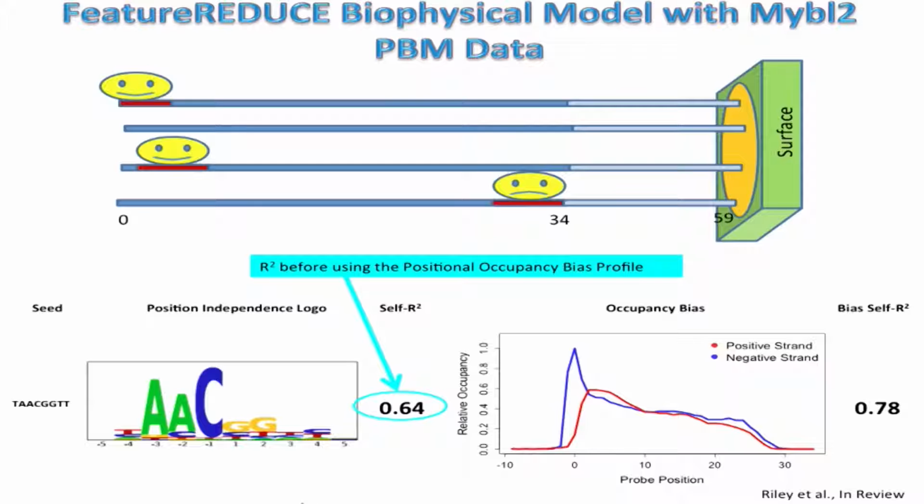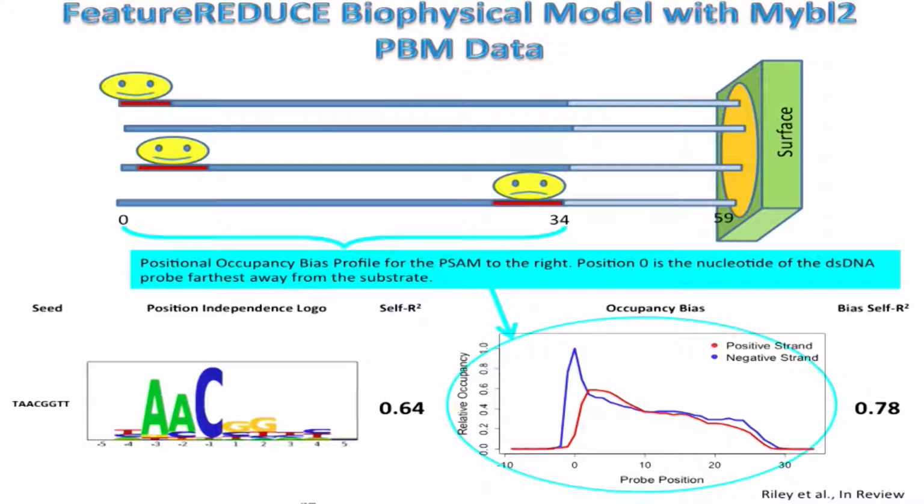But now the next step is, with this affinity model, we can perform regression and look at 10 base pair windows across all the probes, and we can build this occupancy bias profile, right?